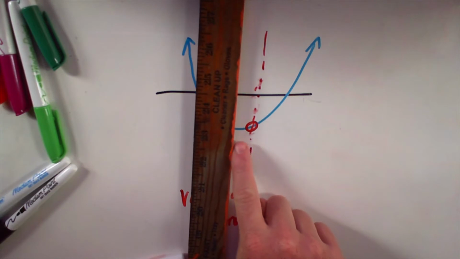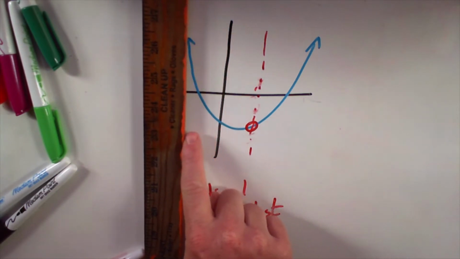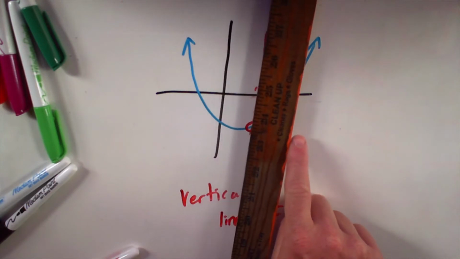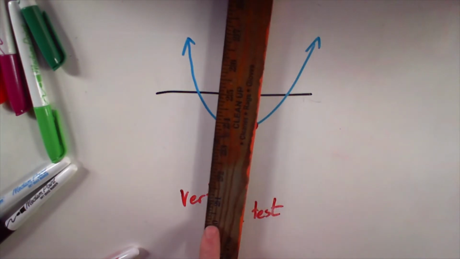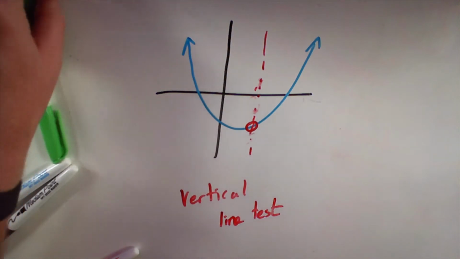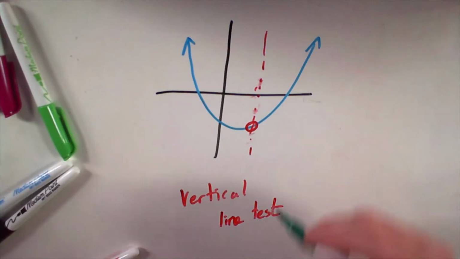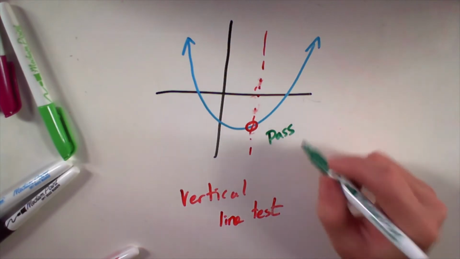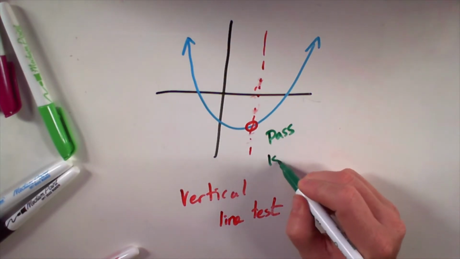And notice, at any given point, that vertical line is only touching the function at one point. If it had touched more than one point, then the graph would fail the vertical line test and therefore not be the graph of a function.